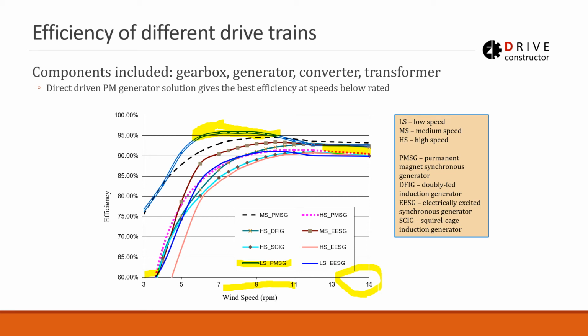energy chart for wind turbine looks like that. So most of the energy produced by wind turbine is produced at reduced or partial speeds here. So that means it is very good for the system when it has efficiency maximum here in this region where most of the time the turbine is operating.